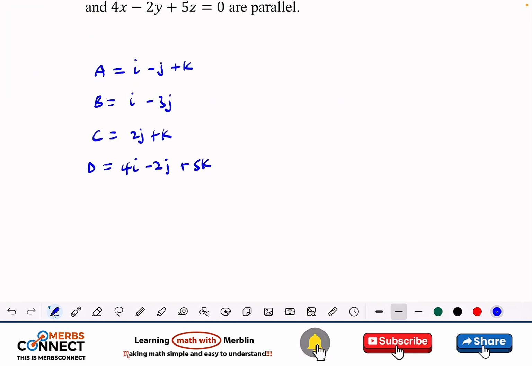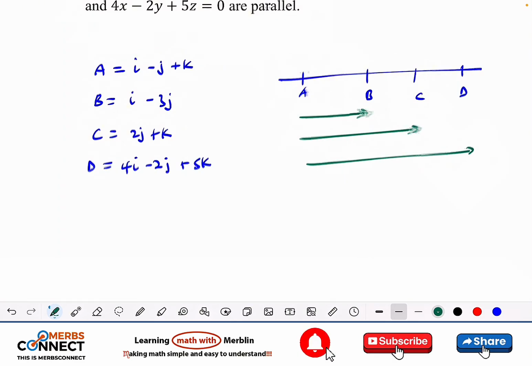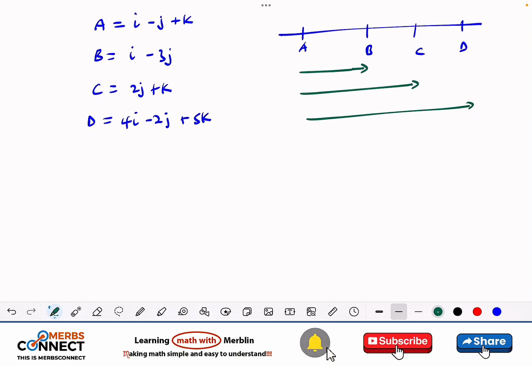is, you remember this, right? A, B, C, and D. So what we just need to look for are AB, AC, and AD. So we need vector AB, vector AC, vector AD.